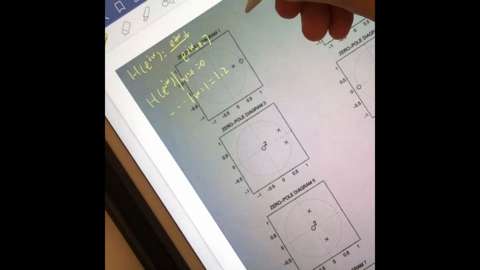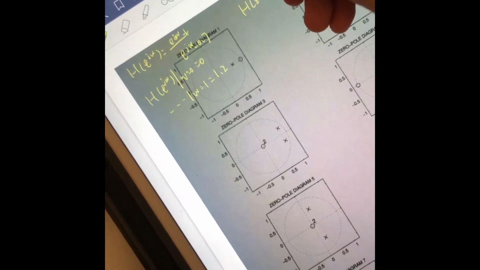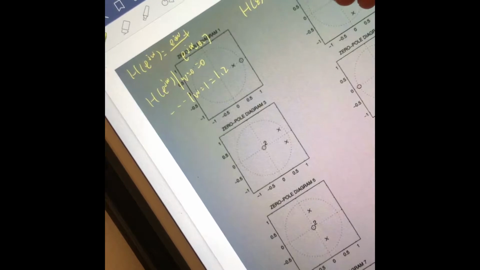For the second diagram, we can assume that H(z) equals to this one.